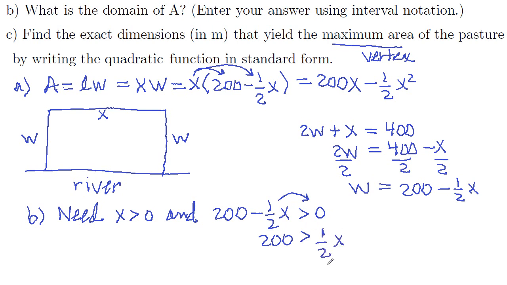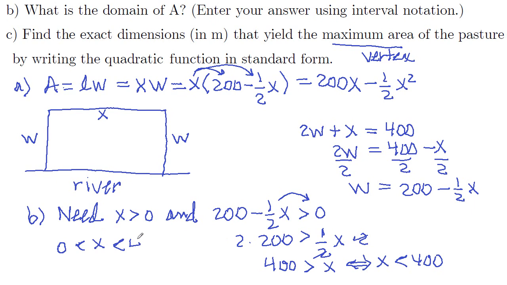And then multiply both sides by 2, and these 2's cancel. So we get 400 is greater than x, which is equivalent to x is less than 400. So x has to be greater than 0 and less than 400. So what we need is 0 less than x less than 400. So x has to be between 0 and 400.